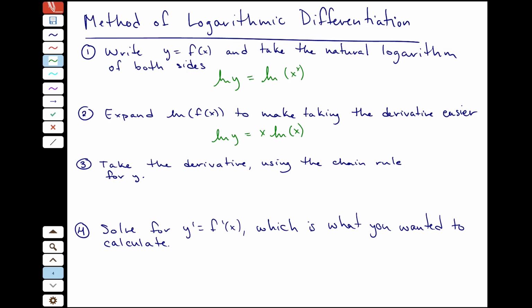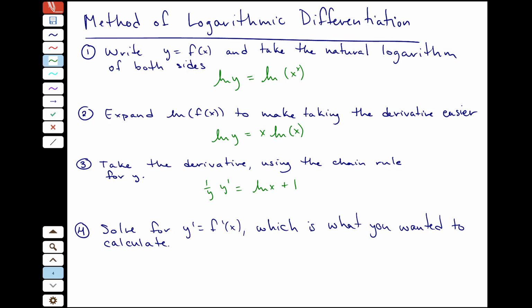The next thing that we do once we're done expanding is we take the derivative using the chain rule for y. And so in our last example, we had 1 over y times y prime equals the natural log of x plus 1. And then the last step is to solve for y prime, which at the beginning of this problem is what you wanted to calculate.